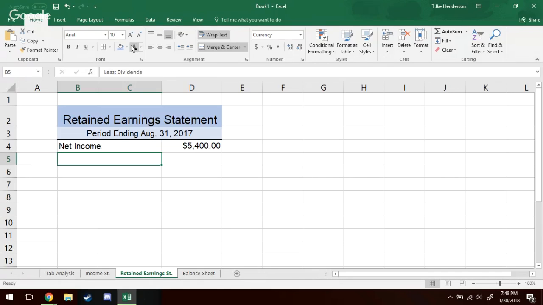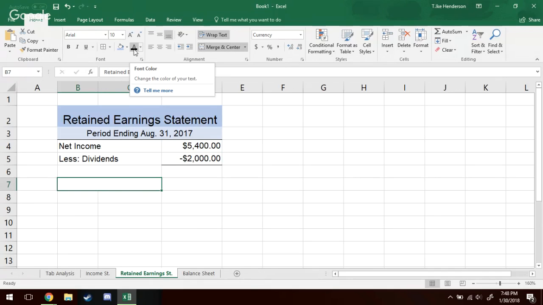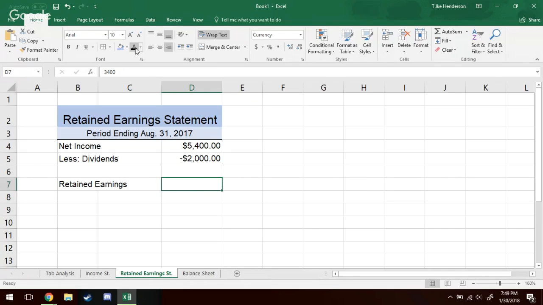So we will be taking away dividends, and that was for $2,000. By taking the $5,400 and subtracting the dividends, that will give us our retained earnings of $3,400. With that, we are ready to move on to our balance sheet.